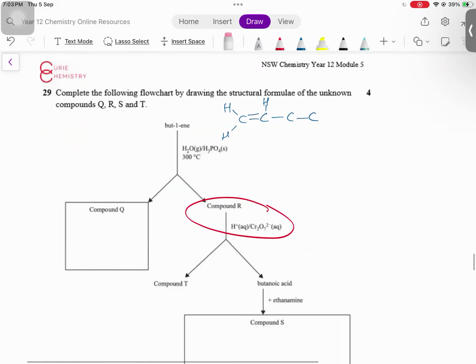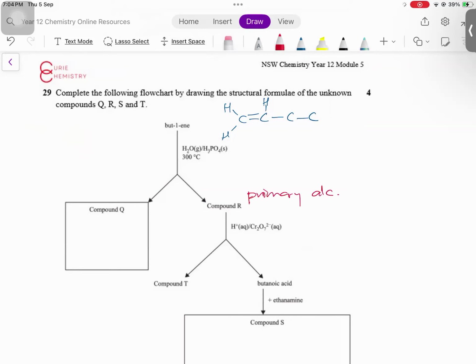So compound R is your primary alcohol. And then compound Q is going to be your secondary alcohol. So compound Q is when you put the OH here, and compound R is when you put the OH here.